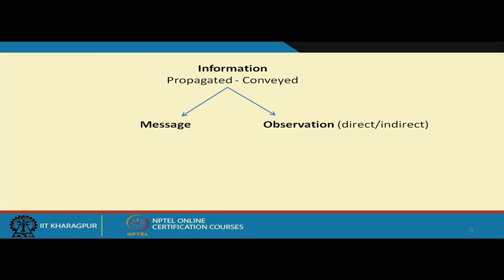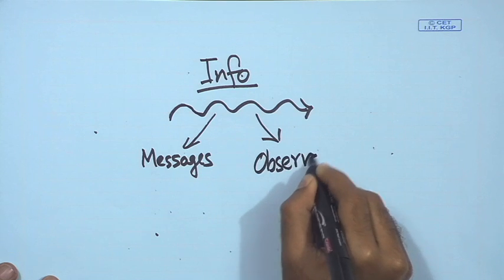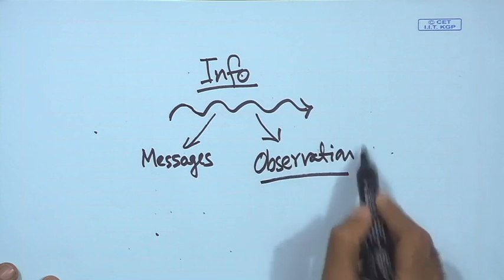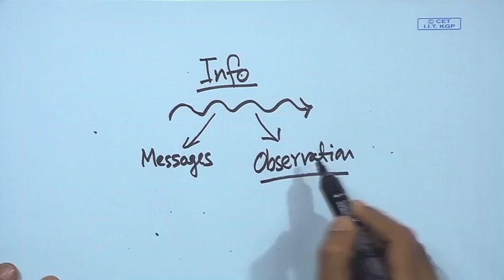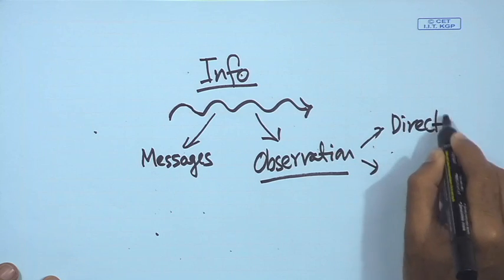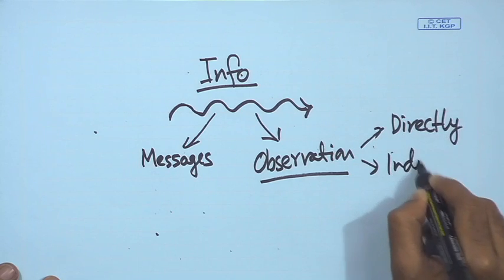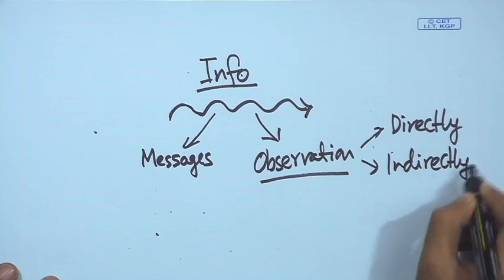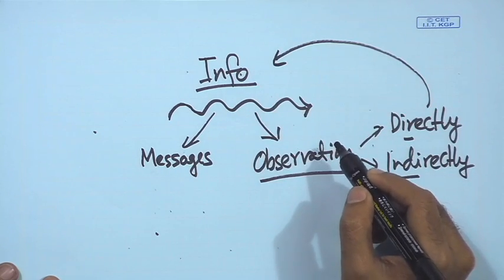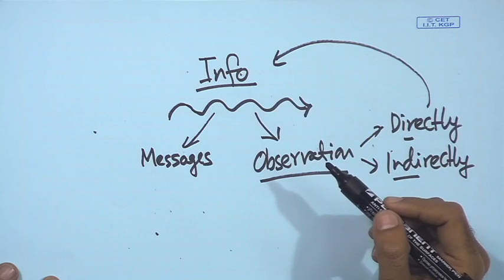The other form of communication is by observation. So, many a time when we are observing a certain aspect or a certain phenomenon, either directly or indirectly, we are actually gathering the information, or we are actually conveying or propagating the information.